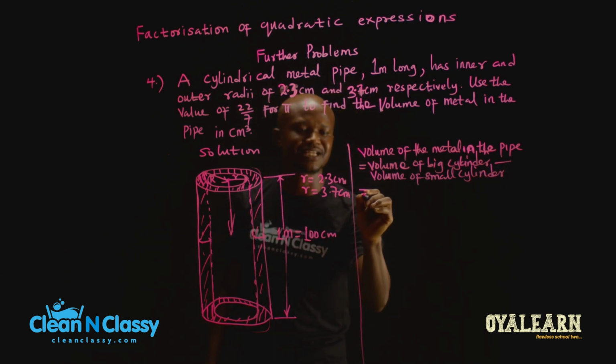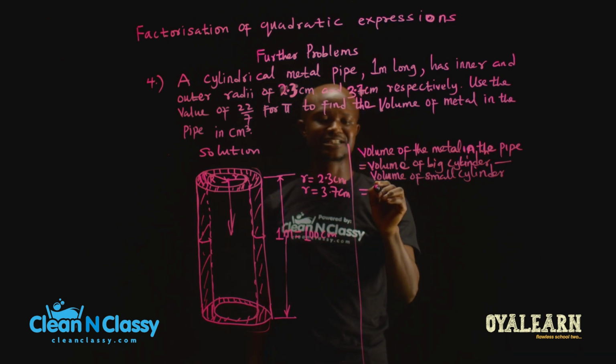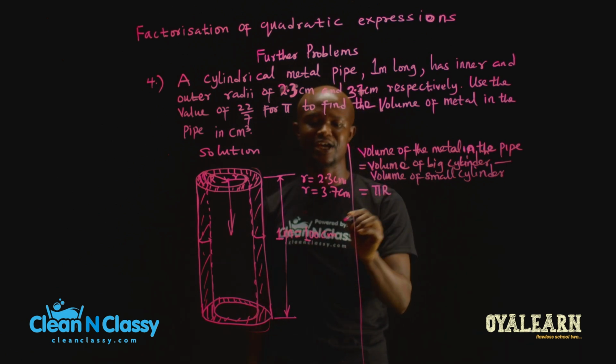So the volume of the big cylinder, what is the volume of a cylinder? That is pi r square h.